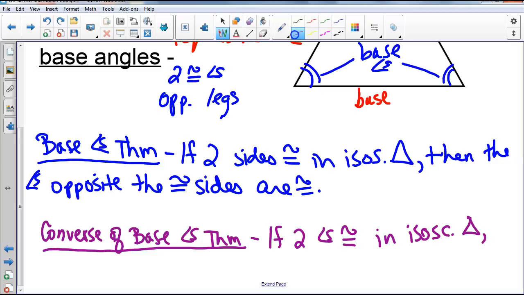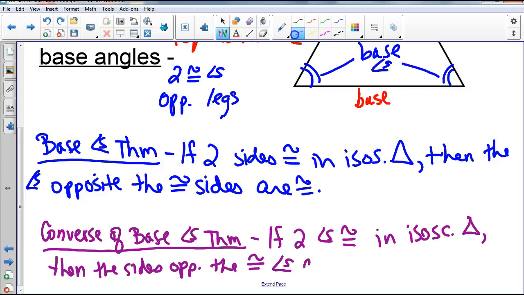So the converse says, well, what if the two angles are congruent? Then it just pretty much tells you where the congruent sides are. Then the sides opposite the congruent angles are congruent.